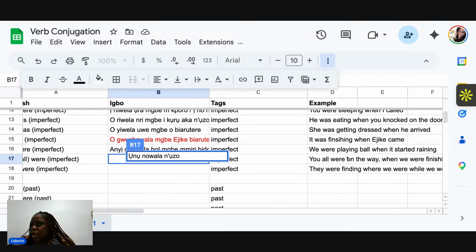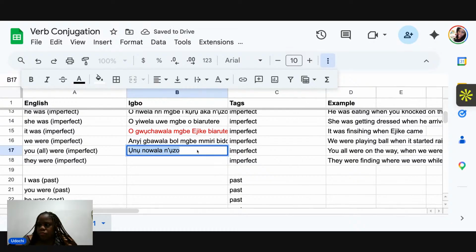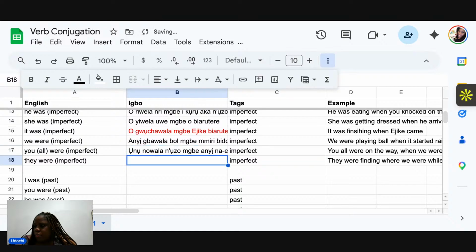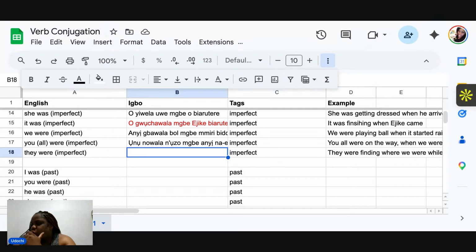When we were finishing, mgbe anyị na-emechara. Wait a minute, I have to get it right.